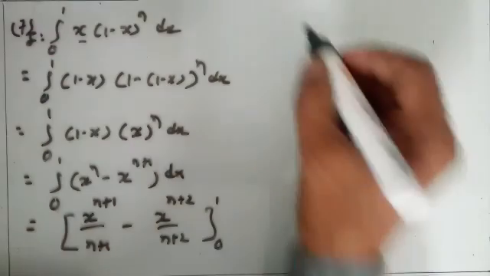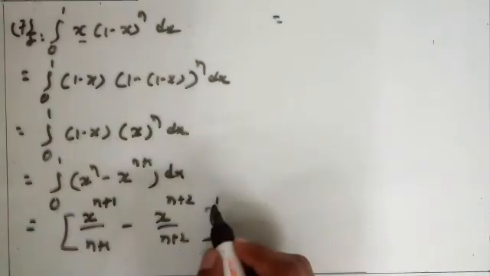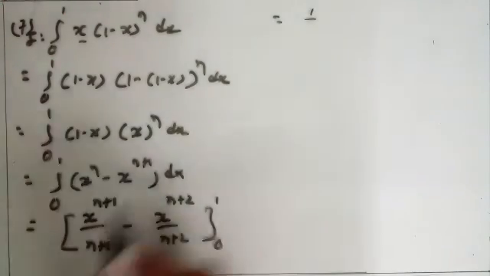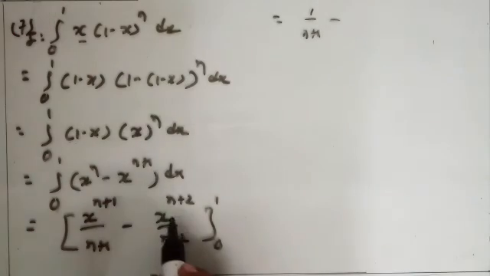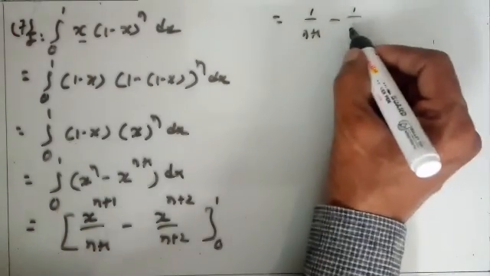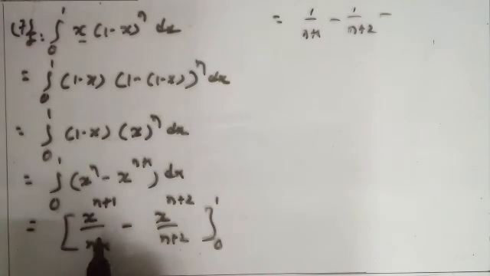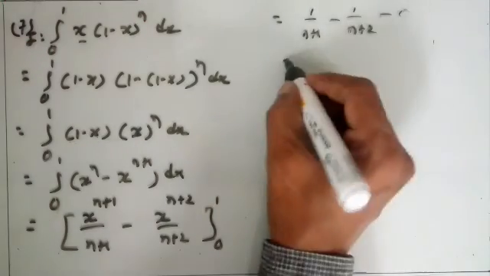Now apply f(b) minus f(a). a is equal to 1. So 1 raised to n plus 1, that is 1 upon n plus 1, minus 1 raised to n plus 2, that is 1 upon n plus 2, minus 0 upon any number becomes 0. Clear?